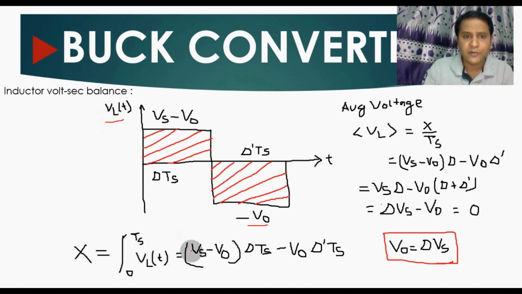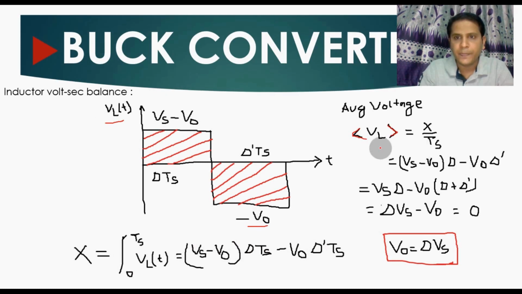So you know that this is Vs minus Vo for a time period dTs, minus Vo for a time period d prime times Ts. So the average voltage of the inductor is this x divided by the time period.